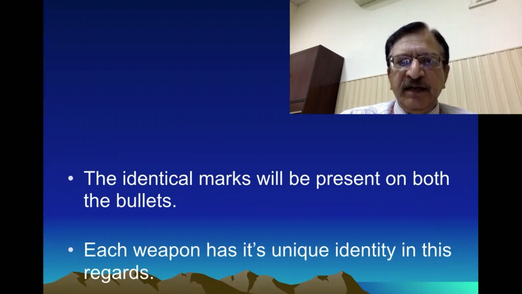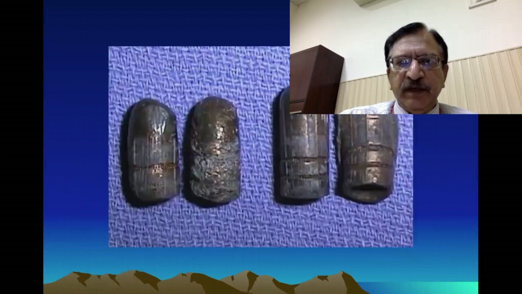They are characteristically an identity of that weapon, and the marks of the lands and grooves engraved on the bullet help in the identity of a weapon. So these are the marks which have been engraved. These are different bullets. You can see the parallel lines, which are basically the lines of the lands and grooves.